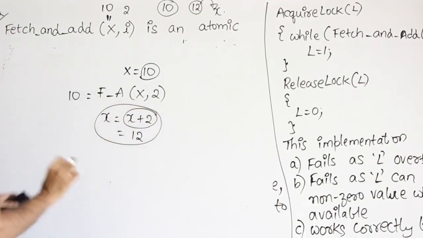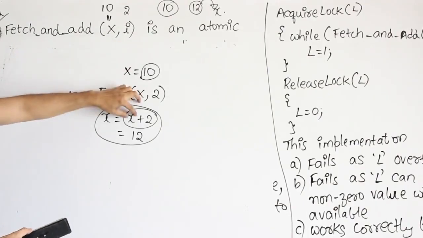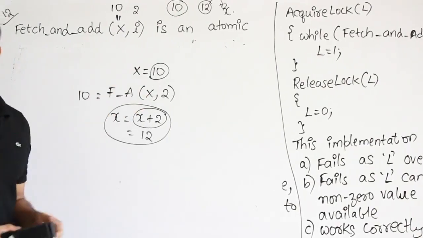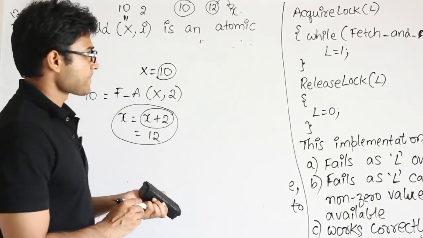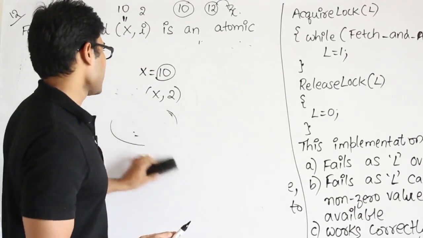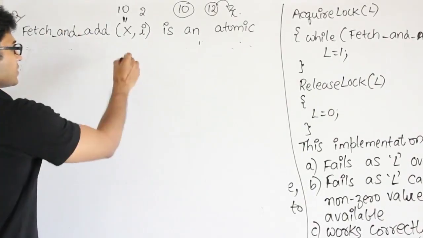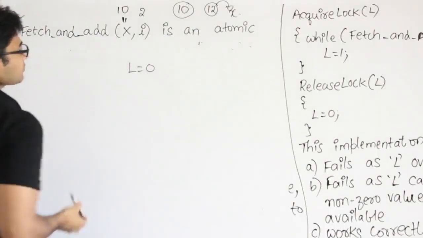Everything will happen in an atomic unit, which means when you are reading, updating and storing, no preemption will take place. That is the meaning of it. Now using this, they are trying to implement a synchronization mechanism, right? And for that they are using a lock L, which is initially 0, right?